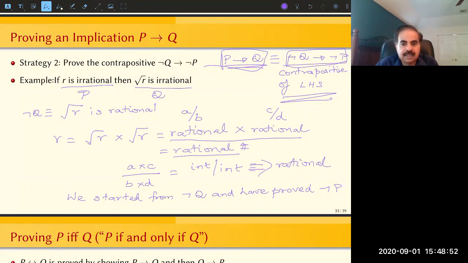It can be expressed as a fraction that way. And so if you have A divided by B multiplied by C divided by D, once again, you have this expression where the numerator is a product of integers and therefore it's an integer. The denominator is also a product of integers, therefore it's another integer. So it's now again of the form integer divided by integer, which means that the result is rational.